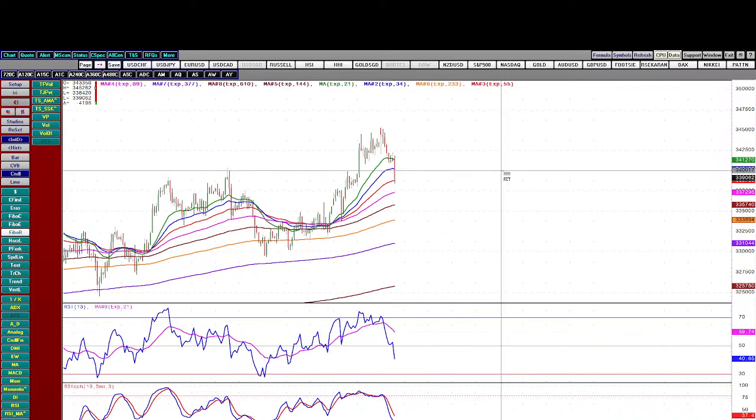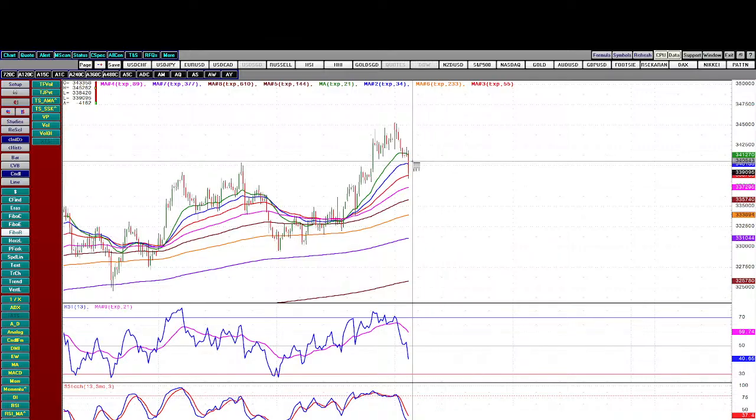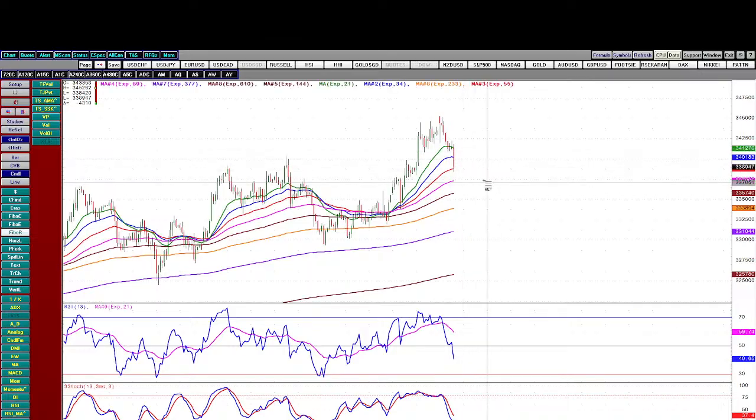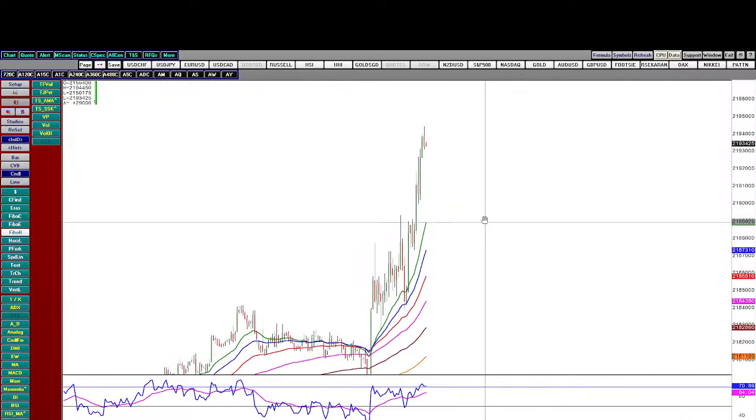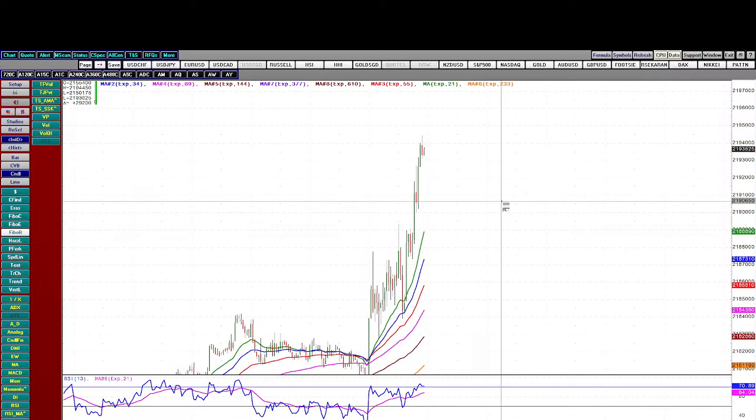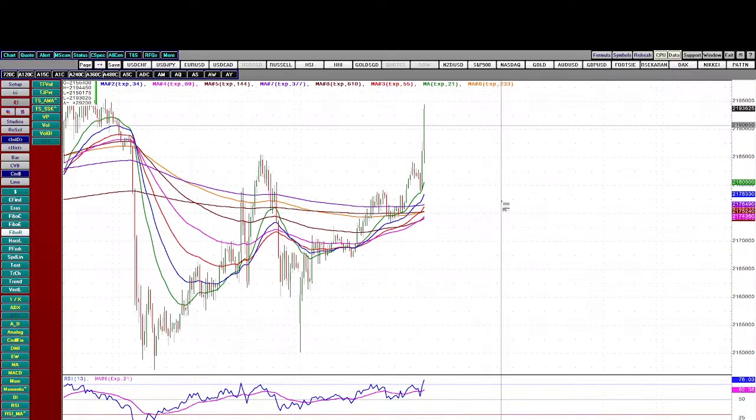So overall, I think we missed a good opportunity on the gold. The dollar yen, I think we have just taken the right decision. And the Dow and the Nasdaq looks like this is yet to see the high.